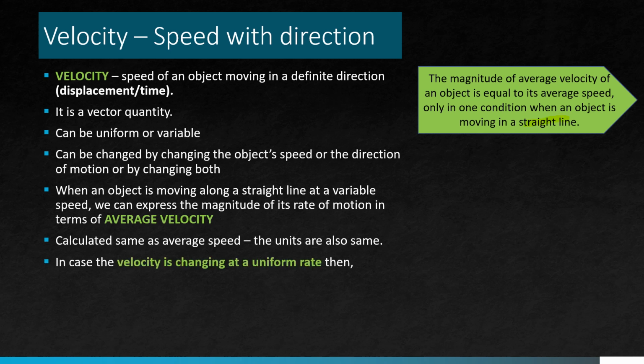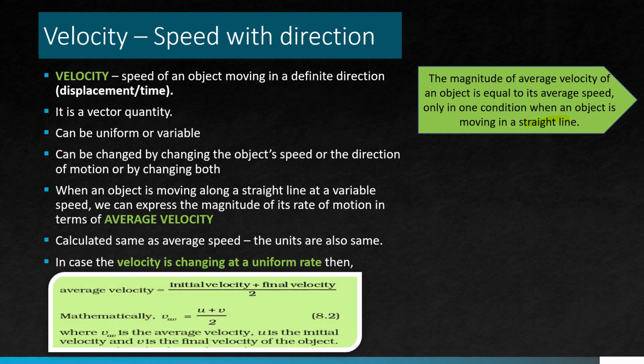Now, in case velocity is changing at a uniform rate, which is quite an ideal scenario, you can find the average velocity by taking the sum of initial and final velocity, or finding the mean of initial and final velocity.